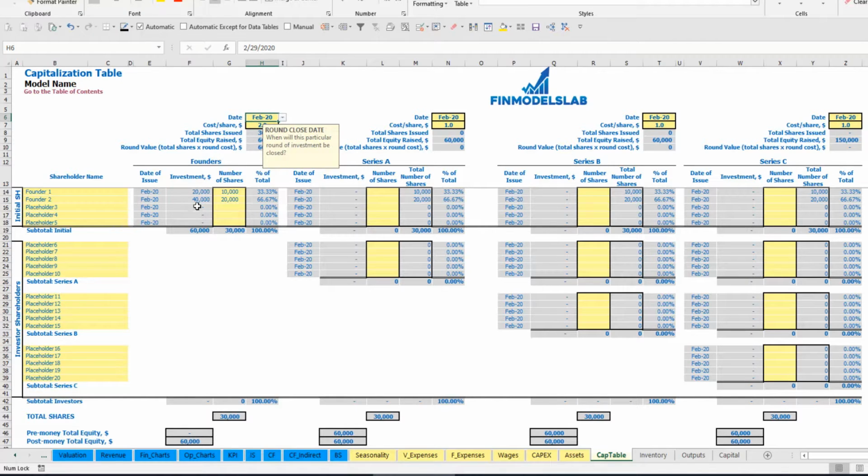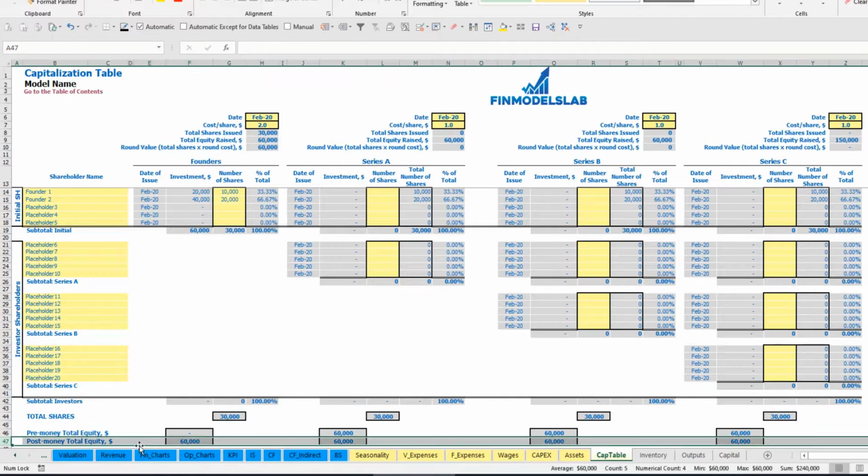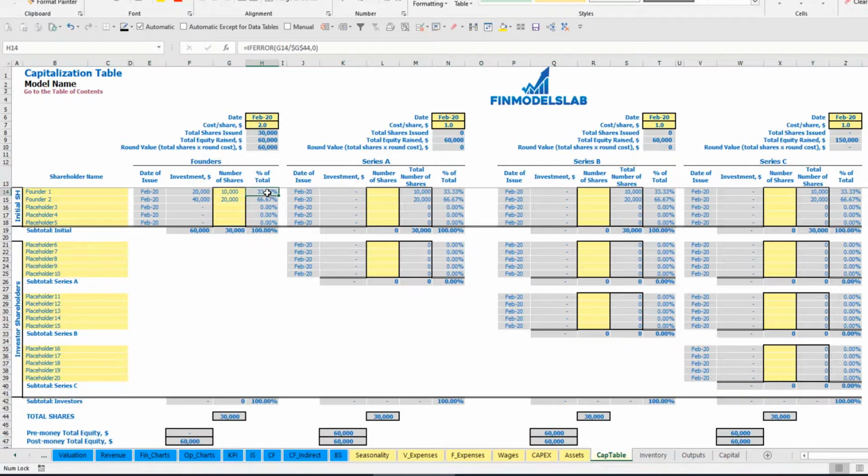This means that the investment for founder 1 is $20,000, for founder 2 is $40,000. In total they invest $60,000, which you may see here. The dilution is 33 to 67% of shares.